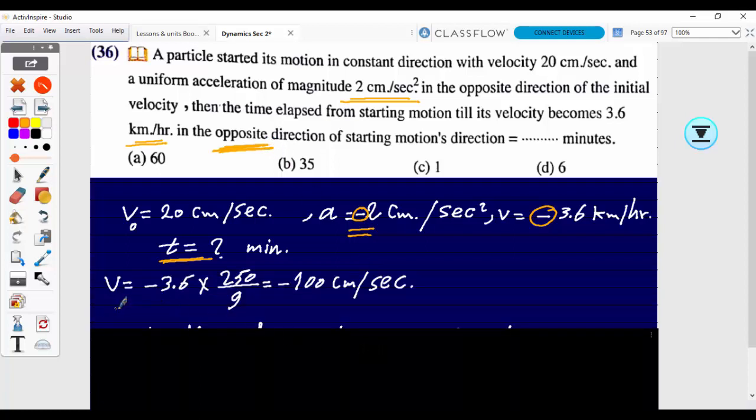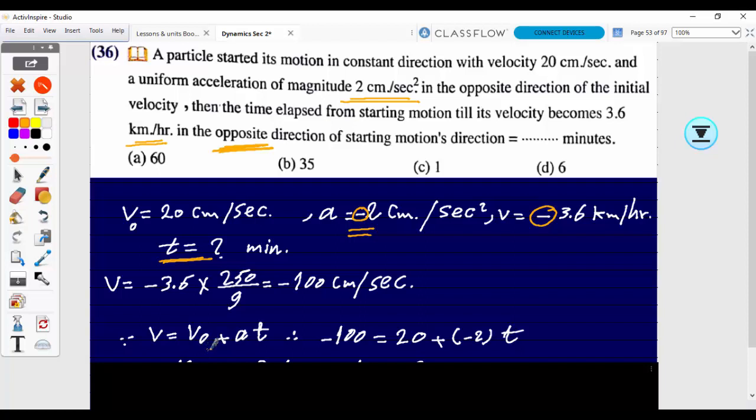Now we have v, the final velocity, equals negative 3.6 multiplied by 250 over 9, which equals negative 100 centimeters per second. We have to convert from kilometers per hour to centimeters per second by multiplying by 250 over 9.